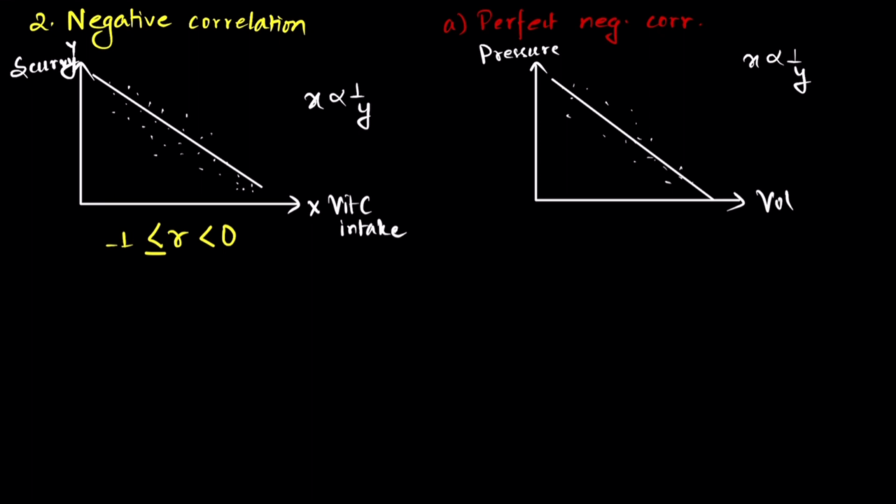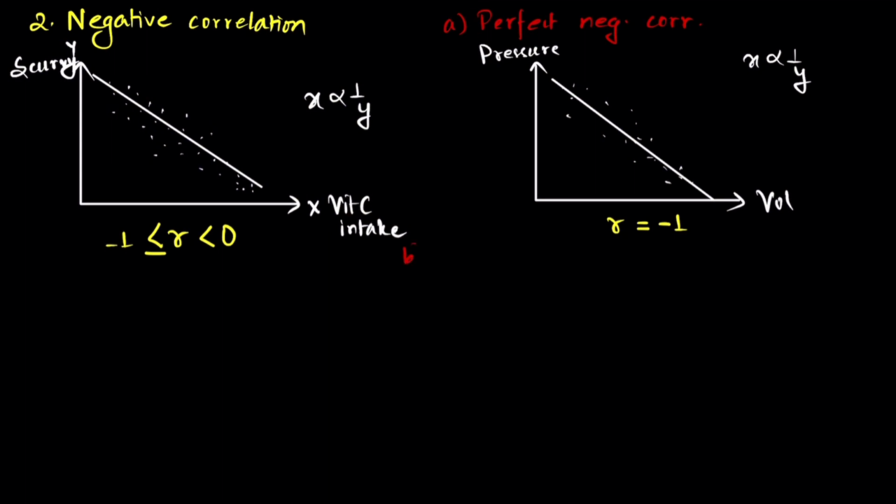But it is perfect negative correlation, because when volume increases by 1, pressure decreases by 1. So they are in proportion. In this case, the coefficient of correlation r is exactly equal to -1.